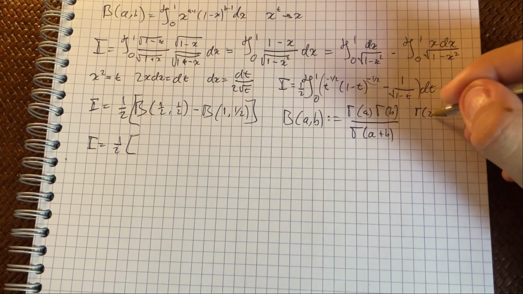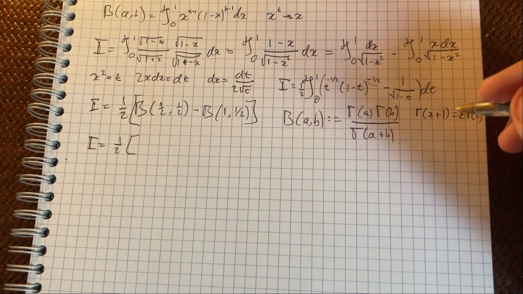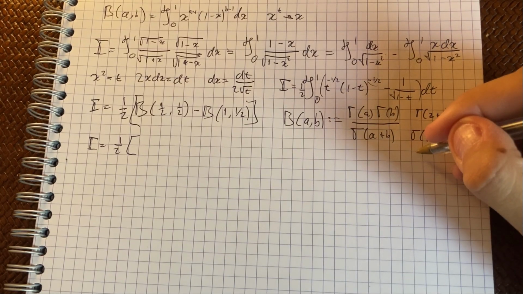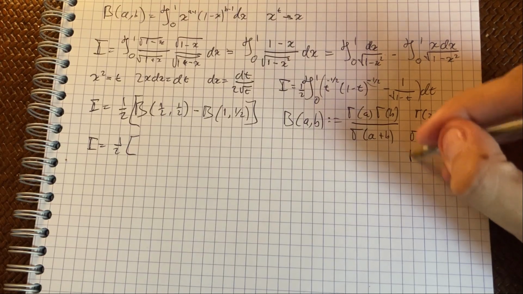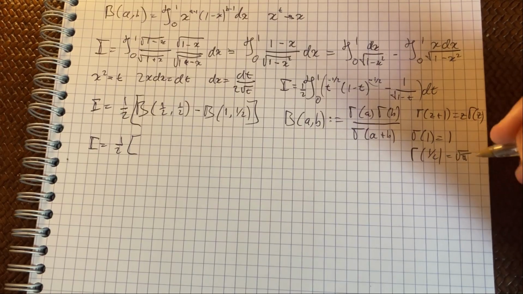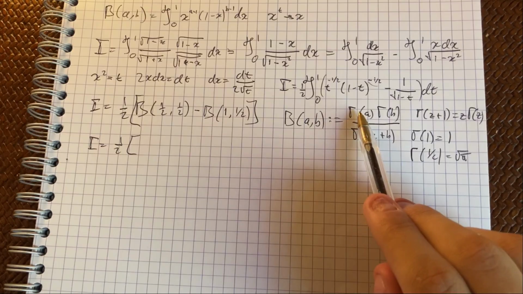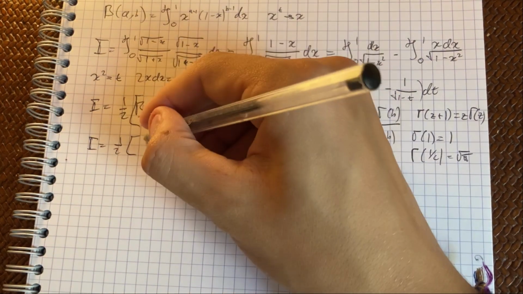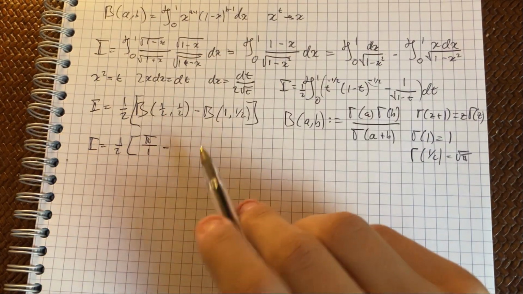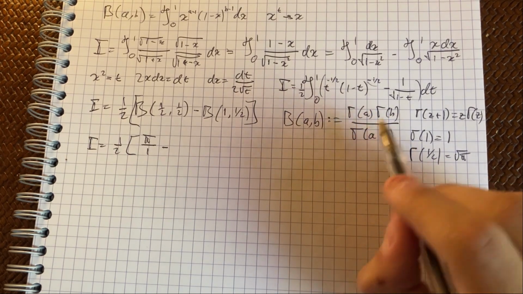Gamma z plus 1 equals z gamma z, and gamma 1 equals 1, and well, a third one, gamma 1/2 equals square root of pi. So here you have square root pi by 1. So we have a pi divided by 1, and then we subtract beta 1/2, which is gamma 1, gamma 1/2, gamma 3/2.